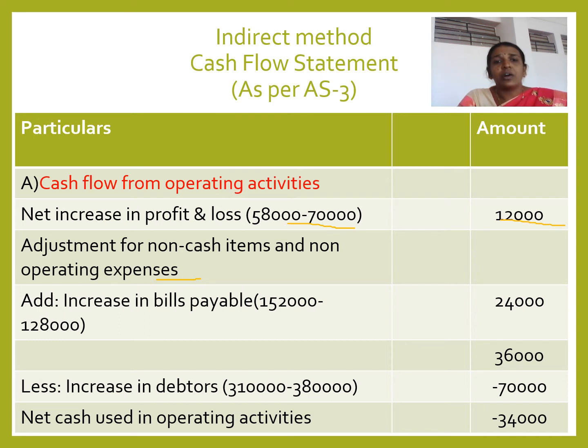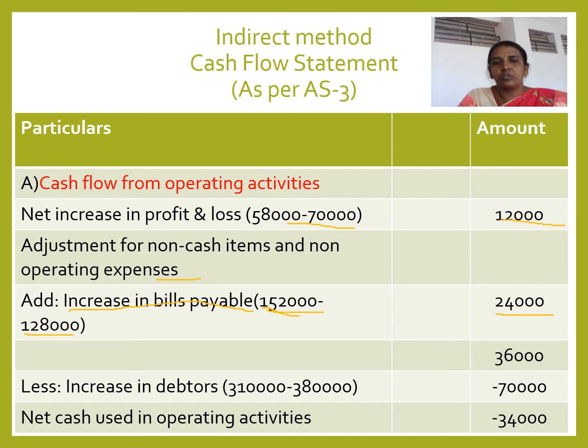Here we have to add the increase in current liabilities, that is increase in bills payable. The bills payable was 1,28,000 and has become 1,52,000. So there is an increase in the bills payable to the extent of 24,000. By combining both, the amount comes to 36,000.